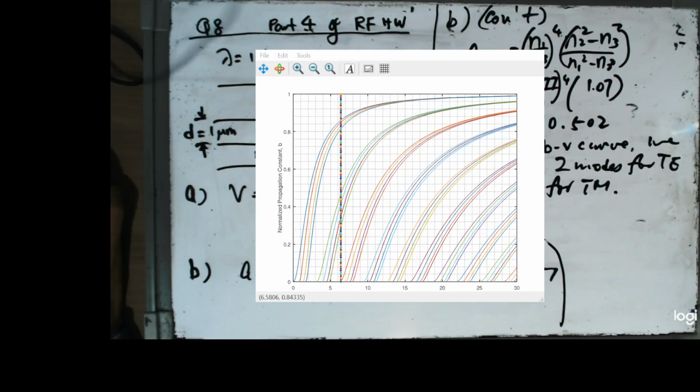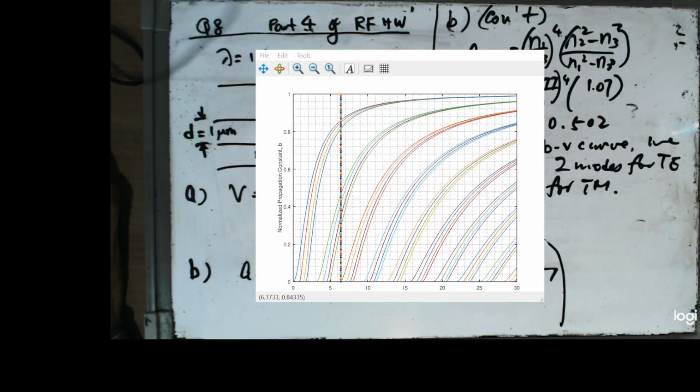For example, for the TE mode, you can see the coordinate here. The coordinate of my cursor can be found in here. So this is TE0 mode. This is mode 0. This is mode 1. The waveguide can only support mode 0 and mode 1.